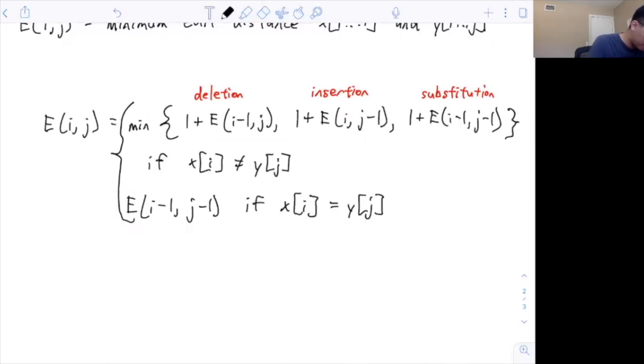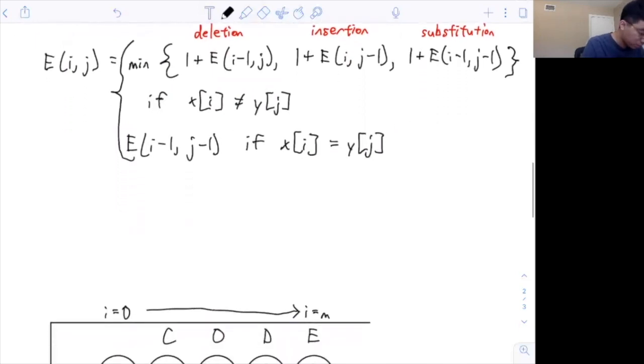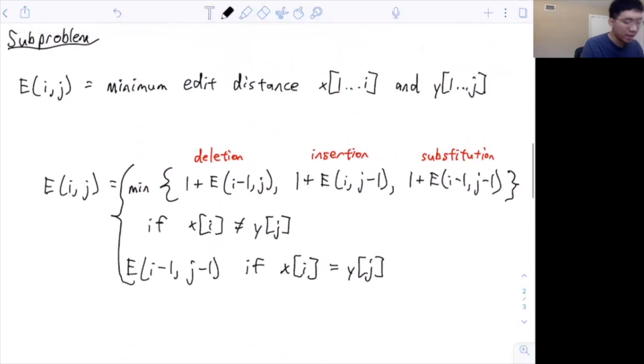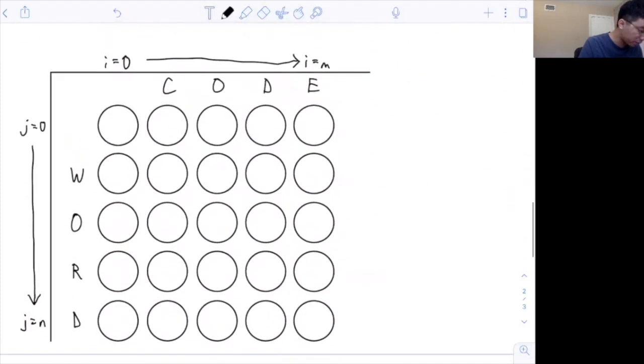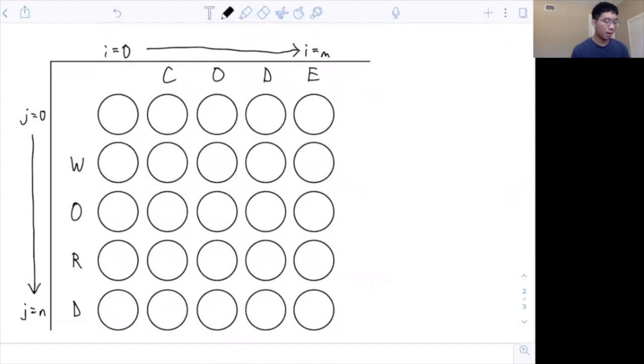Remember that in dynamic programming, we can represent the problem using a DAG. I've drawn a grid out here. Notice that we start from i equals 0 and j equals 0; when one of the indices is 0, we're talking about the empty string. And then I've written the characters across, so code and word.